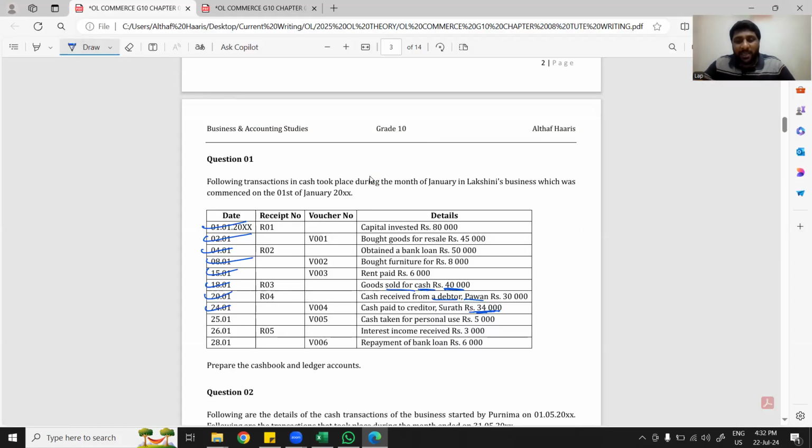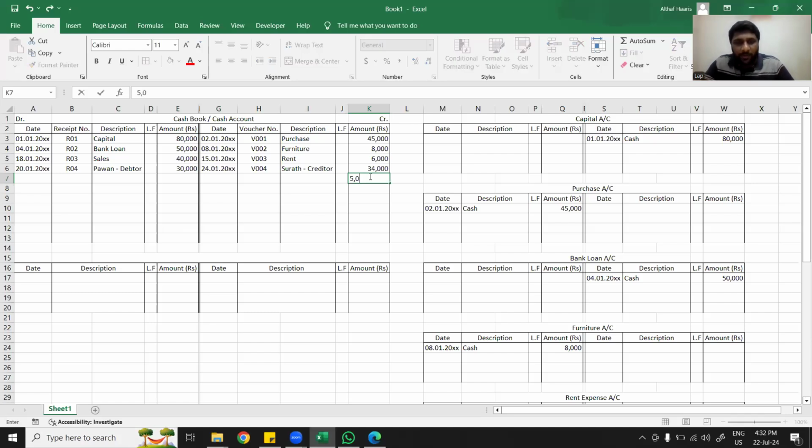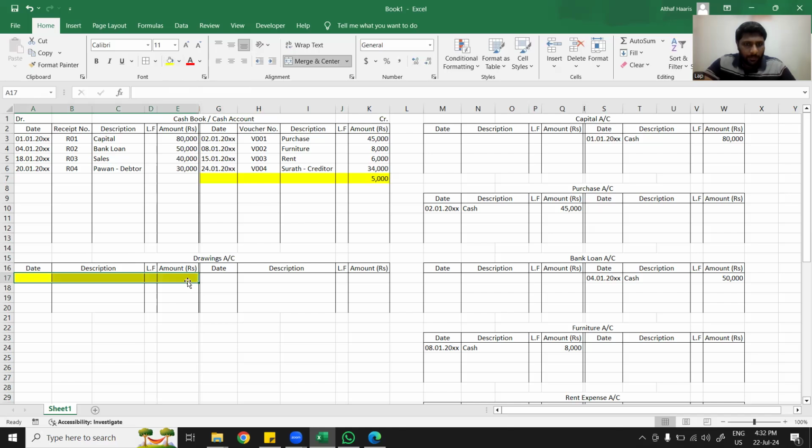So the owner is taking money. 5,000, money going out. Drawings account, 5,000. Why drawings debit? Reduction of the equity. Switch the names. Drawings. Here cash.